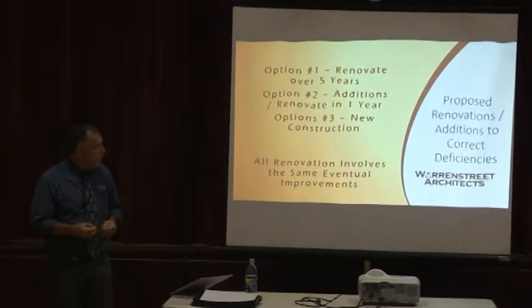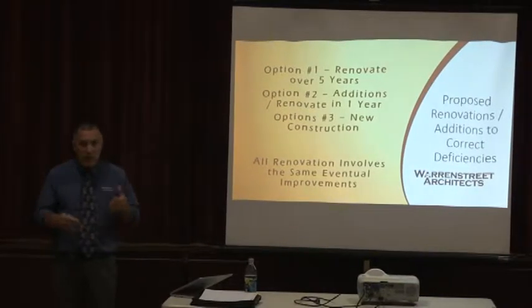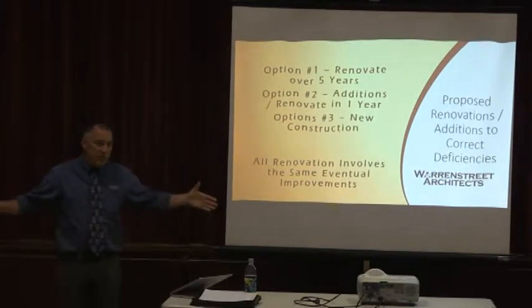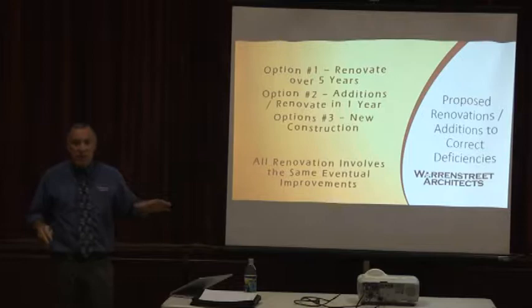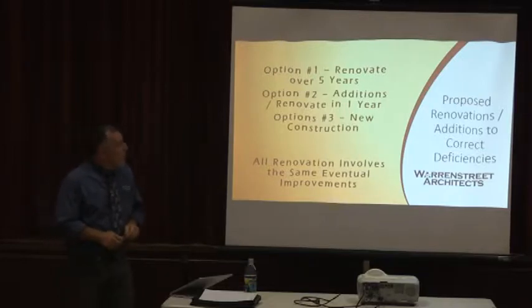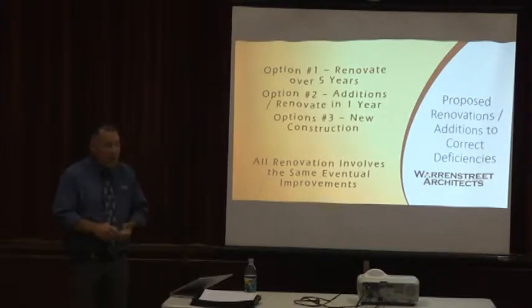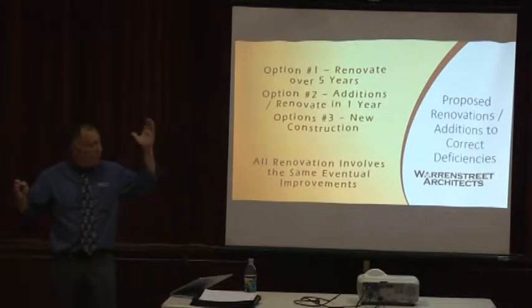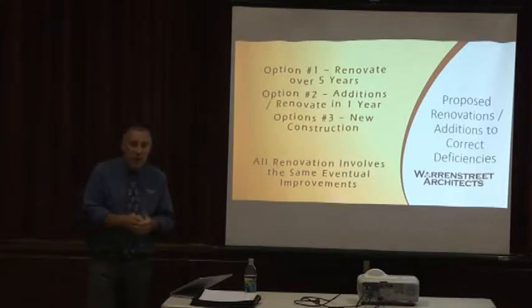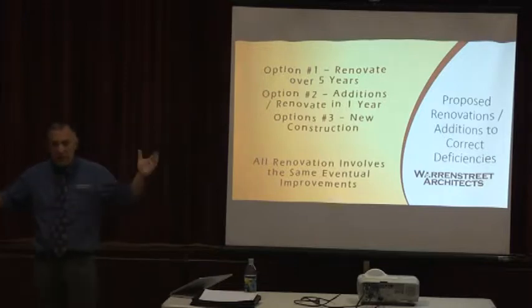Talking with the superintendent and the school board, we came up with 3 basic options and tried to compare each of them as fairly as possible. So the first one was, can we renovate and basically pay as you go? So let's take 5 years and do 20% of the work each year for 5 years to get to the 100% where we need to be.